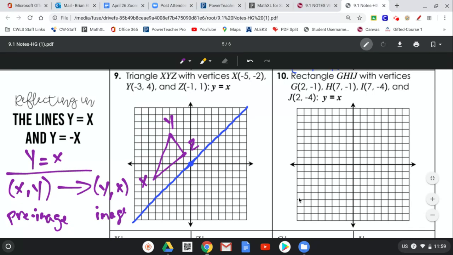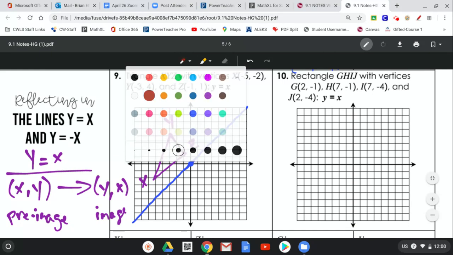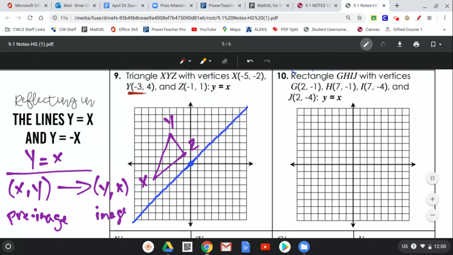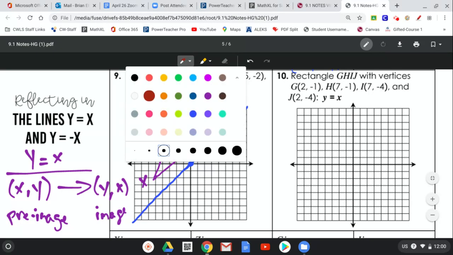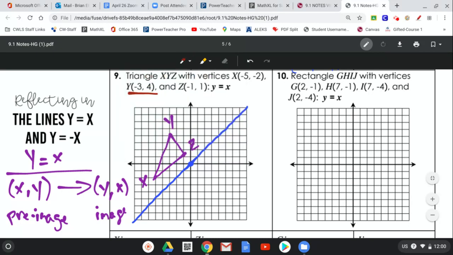So if we're looking at number 9, and if that didn't make too much sense, just hang with me here. If we are looking at coordinate y, our xy coordinate there is -3, 4. If we want to reflect it over the line y equals x, we're going to switch those values.